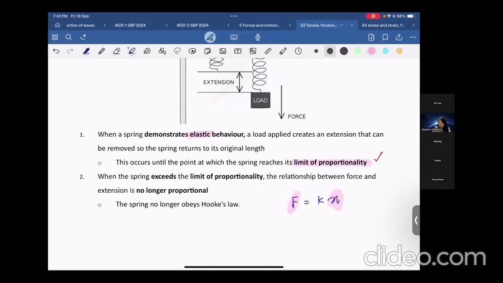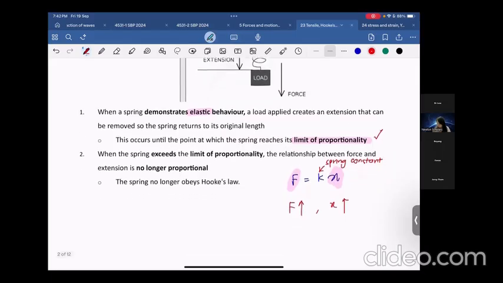Can you see that F equals Kx? K is the spring constant. It's a constant value, that means this value won't change. It depends on your spring, the stiffness of your spring. So here, when your force increases, your extension x will increase. Of course, no F, then no x, no extension.